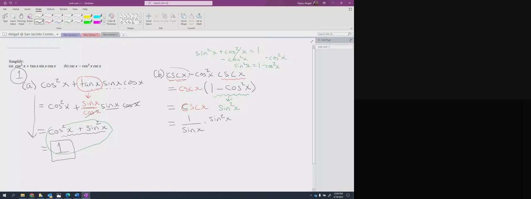And now I have a factor of sine x in the numerator and the denominator. So that'll cancel this sine x. Because I have 2 sine x's here, it's like sine x times sine x. This is only going to cancel one of them, so it's going to leave 1 power of sine x in the numerator and just a 1 in the denominator. So the final answer for part B here is just sine of x.